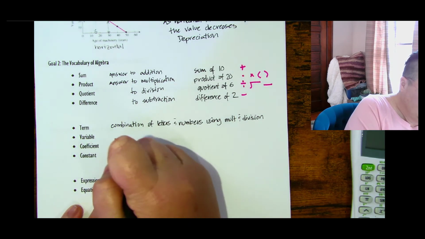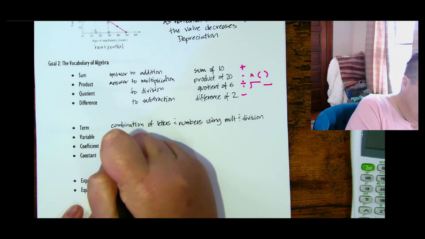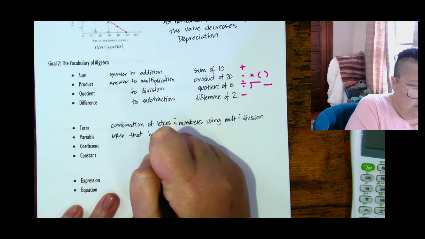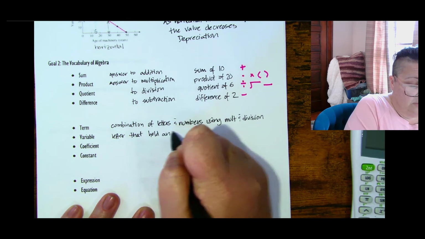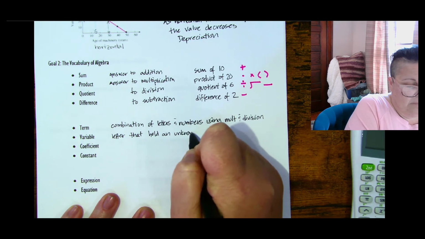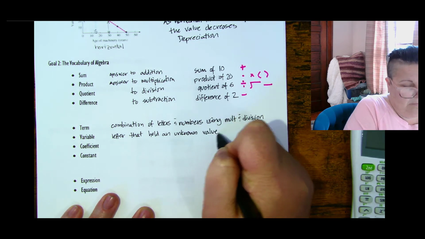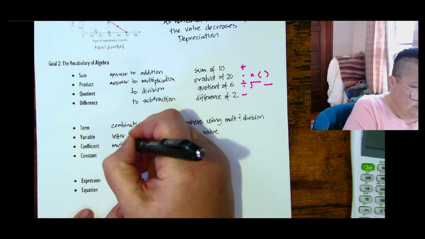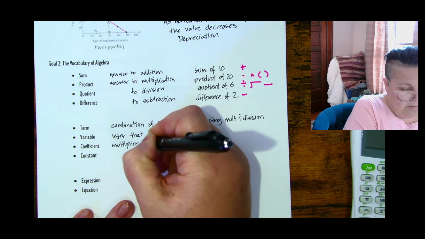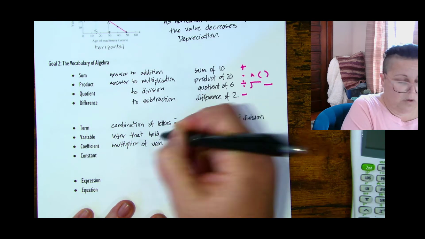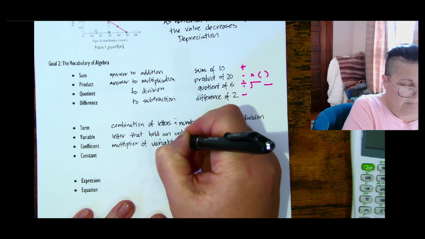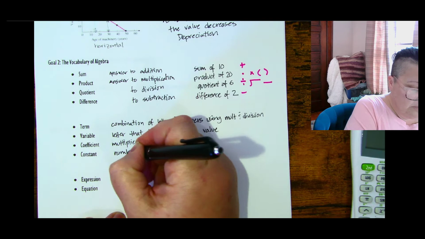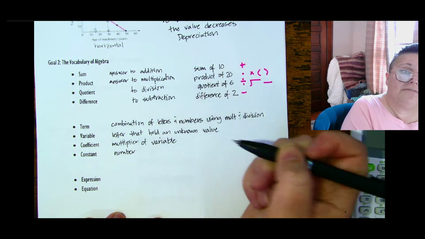The first part is the variable. The variable is a letter that holds an unknown value. The coefficient is the multiplier of that letter, or the multiplier of a variable. The constant is just a number, and the value is known.